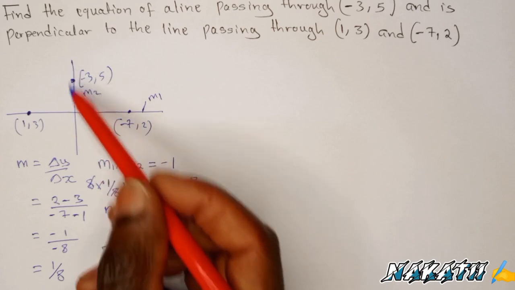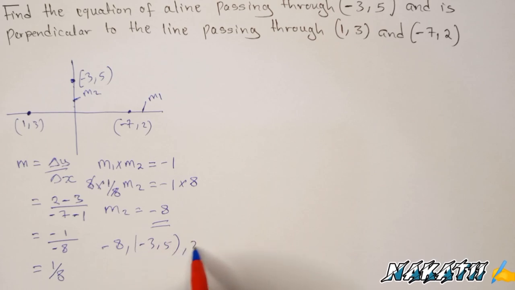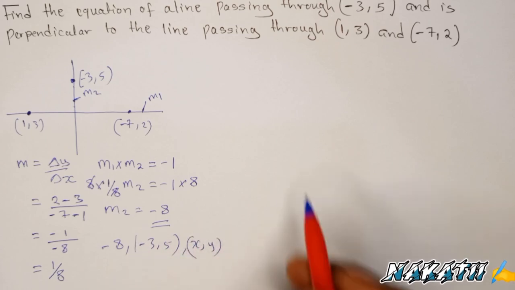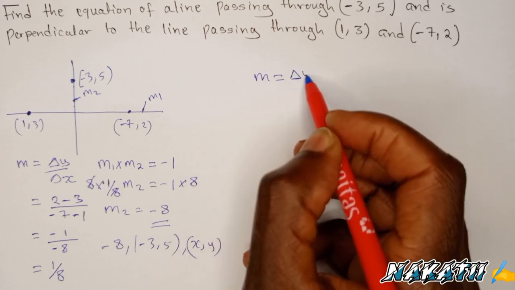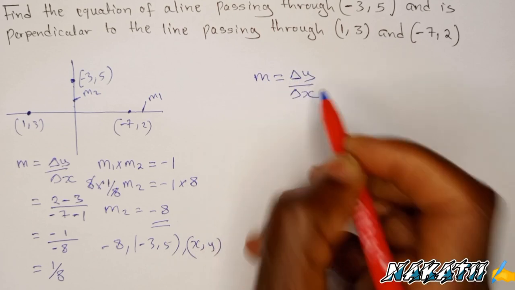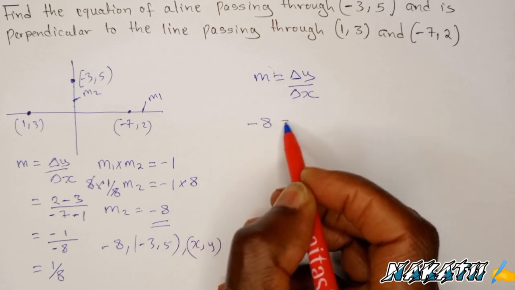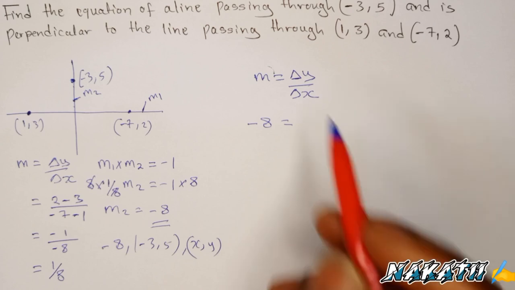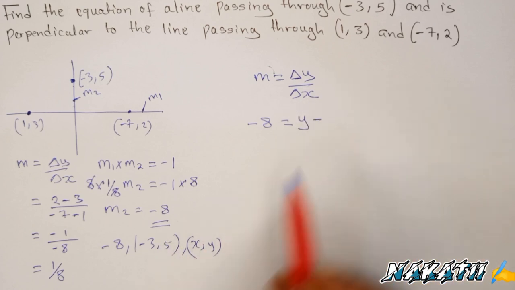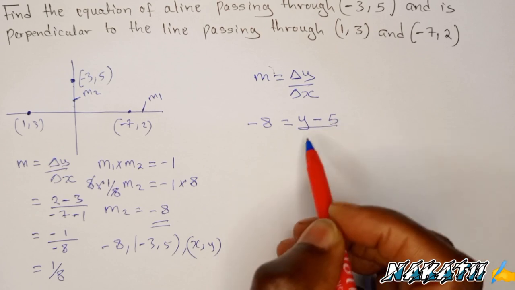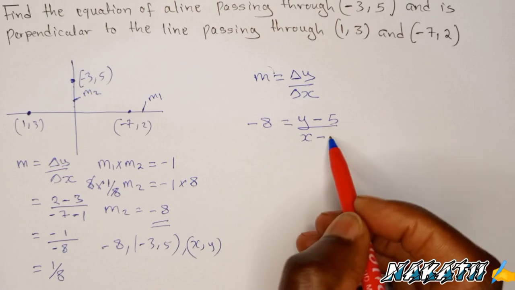We have a point that is passing through that line, which is (-3, 5). Then we take an arbitrary point (x, y). So gradient is change in y over change in x. Our gradient here is -8, equals y minus the y coordinate here, which is 5, divided by x minus the x coordinate here, which is -3.